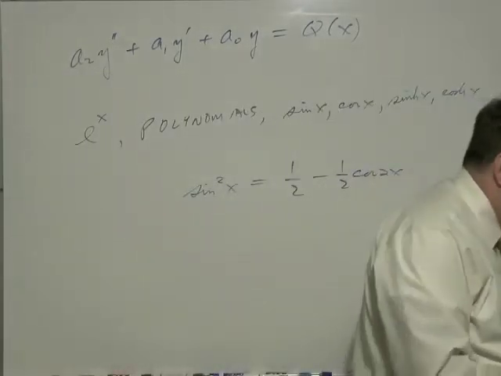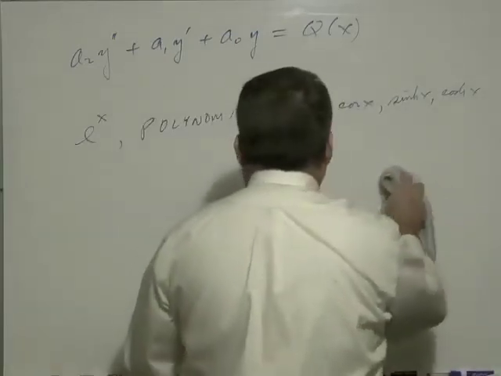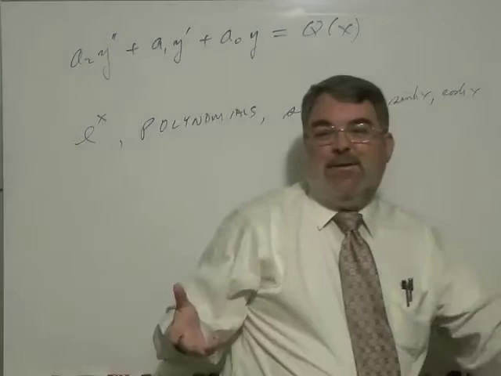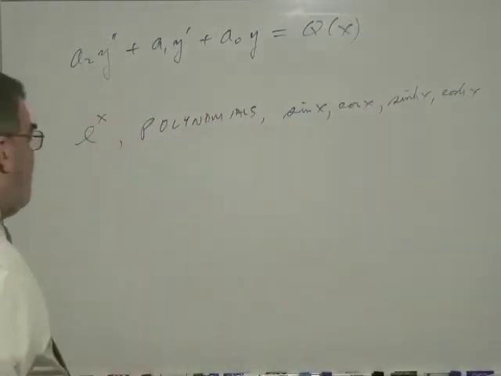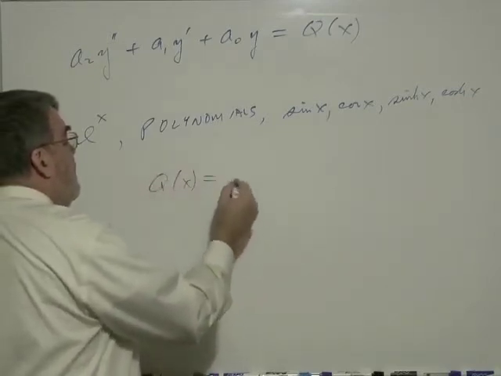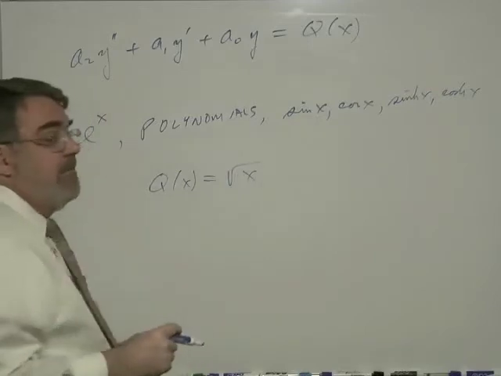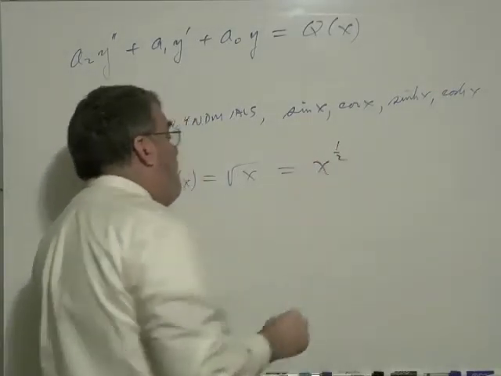Alright, so what's the problem with something that's not on our list of approved functions? Now, why can't we use this method of undetermined coefficients? Suppose, for example, that q of x was the square root of x, and that's x to the half power.